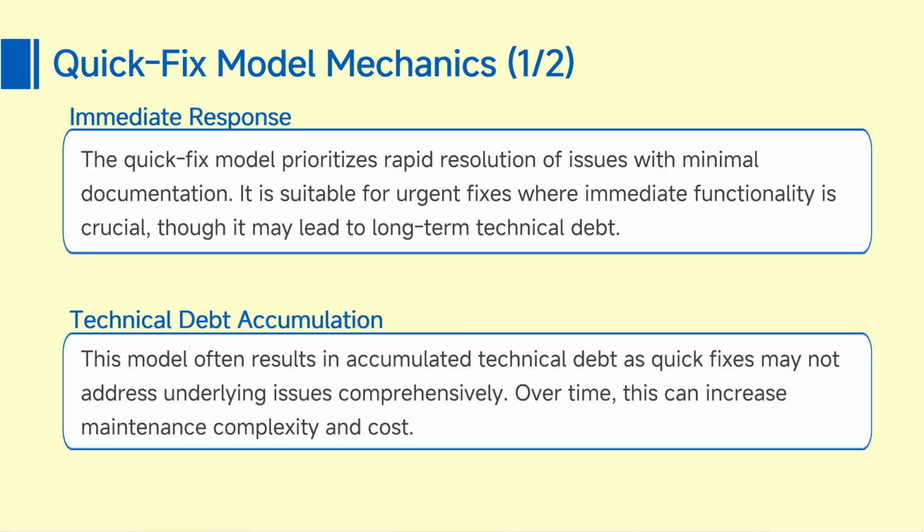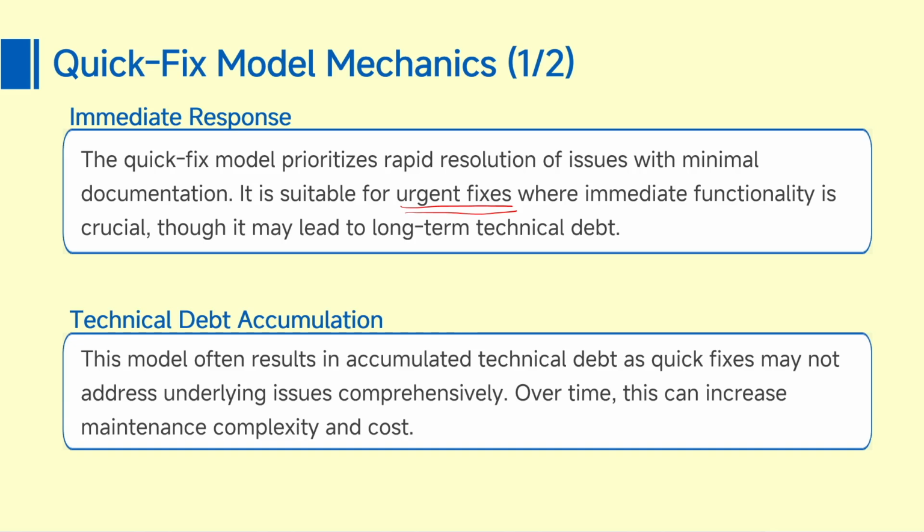This prioritizes rapid resolution of issues with minimal documentation, and it is very suitable for urgent fixes. Whichever is very important and time crucial can be taken with the immediate response process model, where the immediate functionality is crucial, though it may lead to long term technical debt.